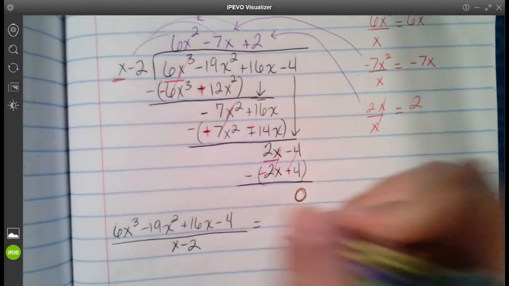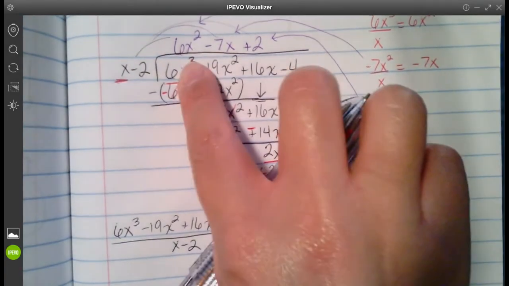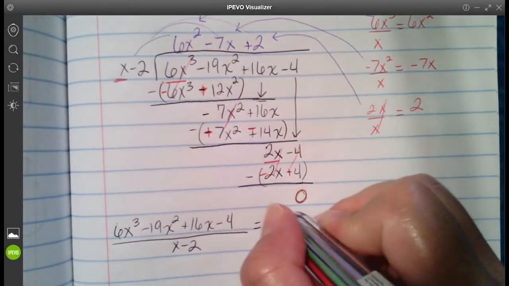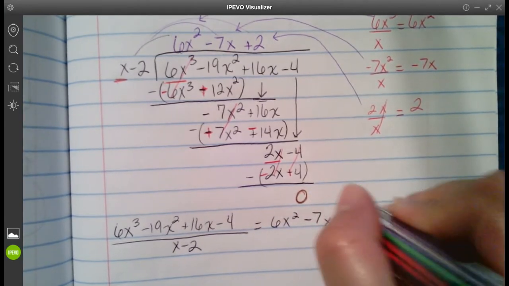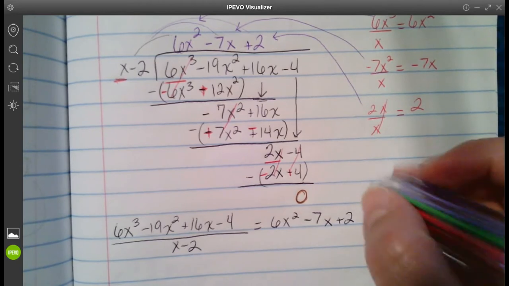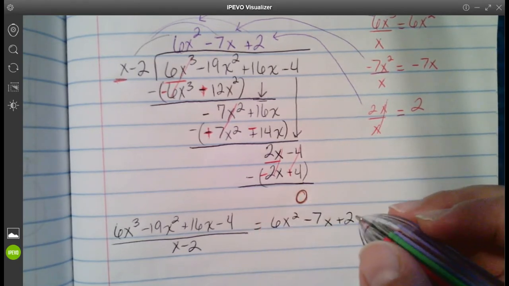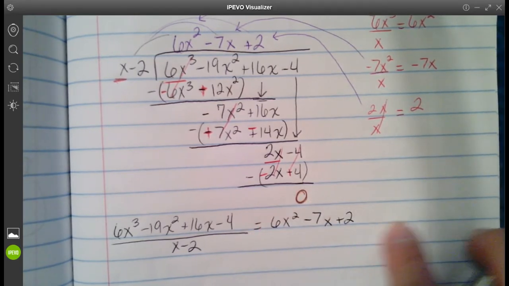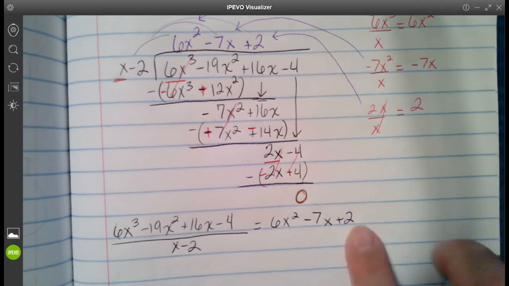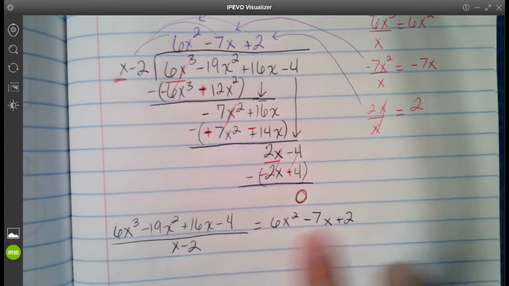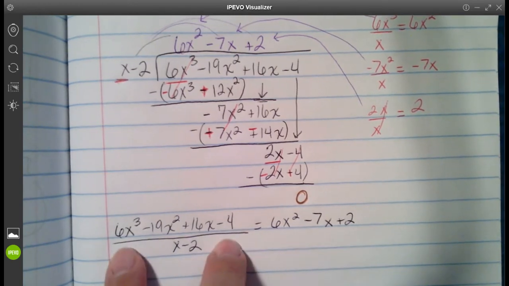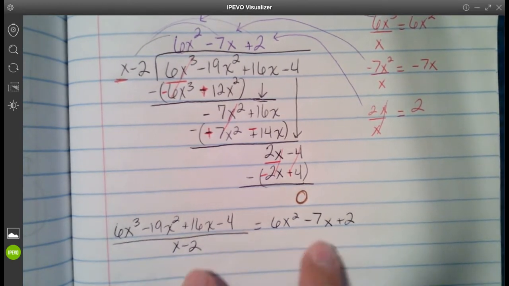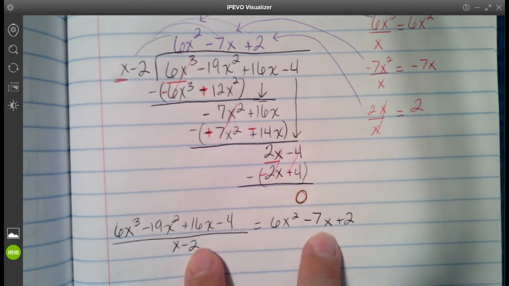Okay, is equal to the quotient, which is this right here. So 6x squared minus 7x plus 2, okay? And it's supposed to be plus the remainder over the divisor. But since we don't have a remainder, that's pretty much it. So if you were to graph this and then graph this in a separate y equals, they would coincide. It'd be the same thing, okay?